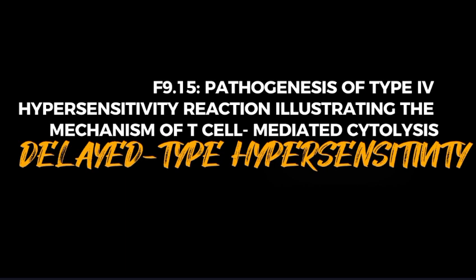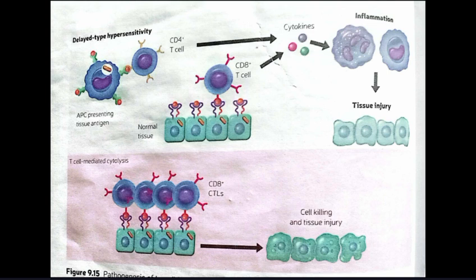Now I am going to present to you figure 9.15, the delayed type hypersensitivity. It is an immune response characterized by delayed onset inflammation and tissue damage upon exposure to certain antigens. As you can see, this type of hypersensitivity is mediated by CD4 plus T cell, which is activated upon exposure to the antigen.